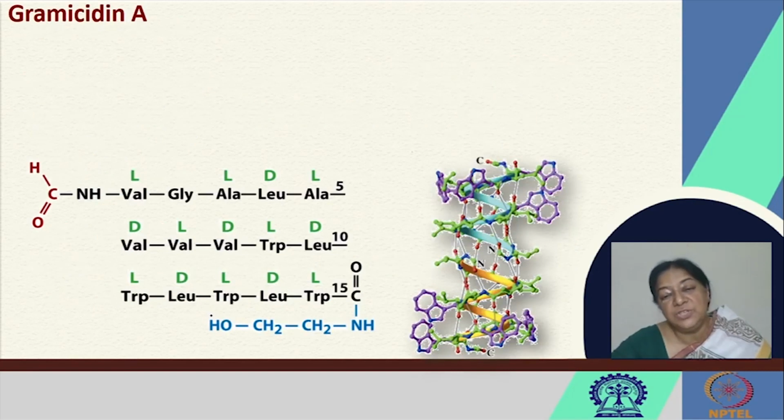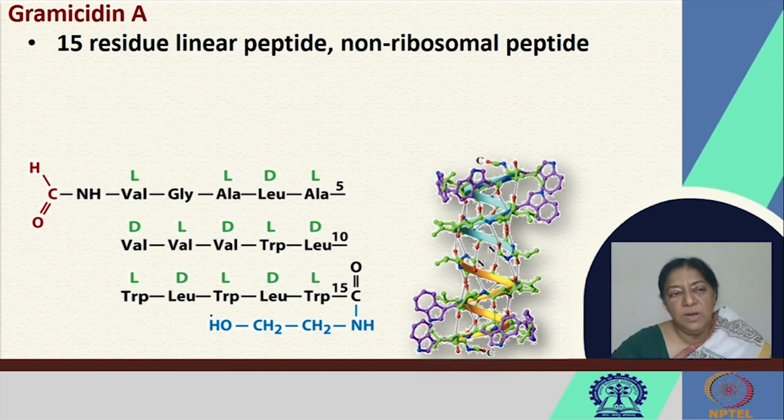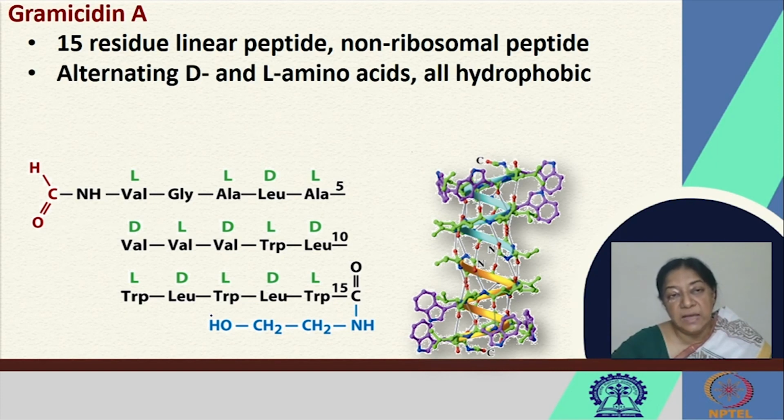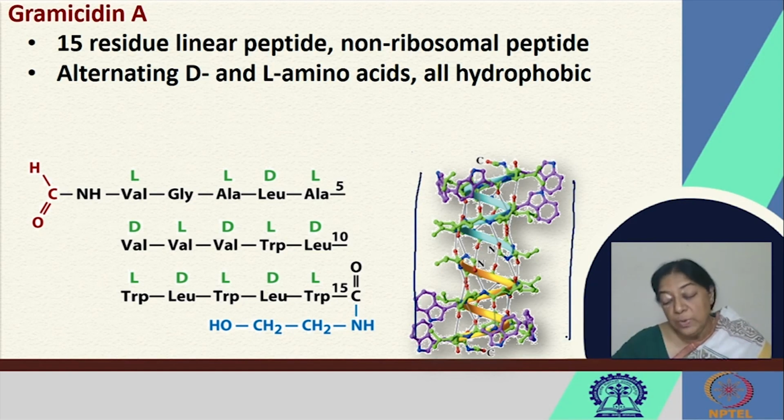If we look at the structures of these specific types of proteins, gramicidin A and valinomycin, we will see that they are quite small. Gramicidin is a 15 residue linear peptide. It is a non-ribosomal peptide composed of alternating D and L amino acids that are all hydrophobic in nature, as would be expected, this being the channel that it is. As we saw in the last lecture, we would have likely all hydrophobic amino acids on the surface of this helix.